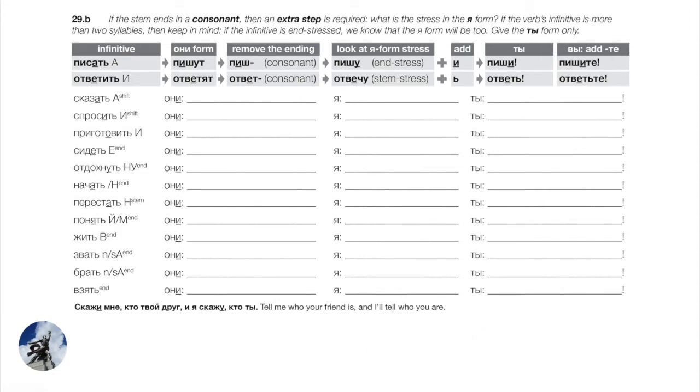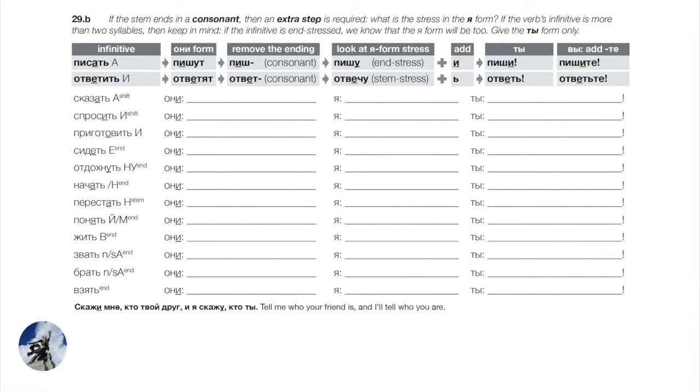A common mistake is to stress it on the stem, but remember, we're adding the stressed И onto that remnant of our они form. So we're taking спрос. Then the question is, what do we add to that? We think about the stress, спрошу, end stress. So we add the stressed И back to спрос, and that gives us the imperative спроси. Ask.